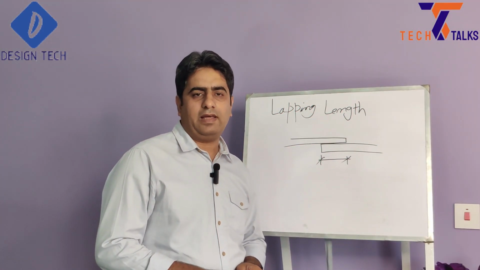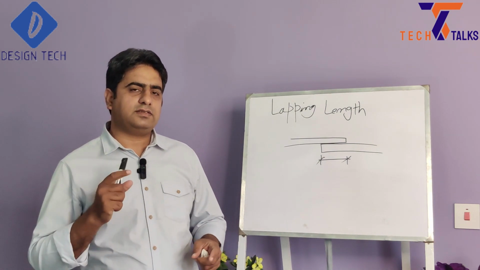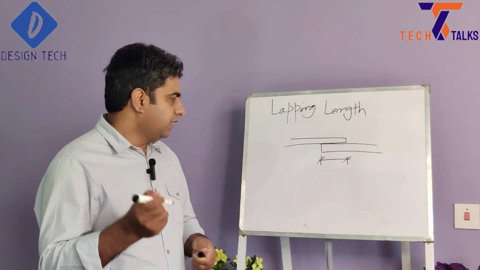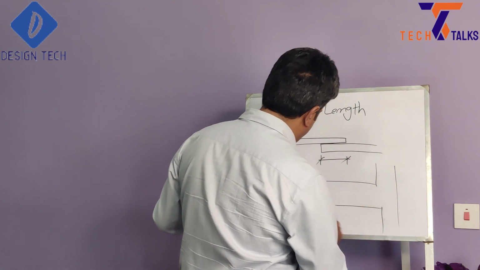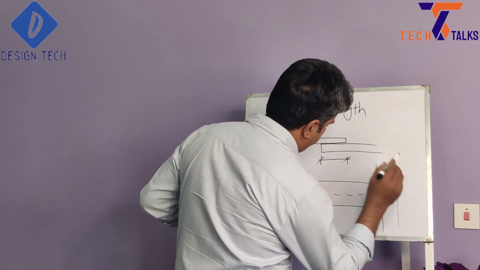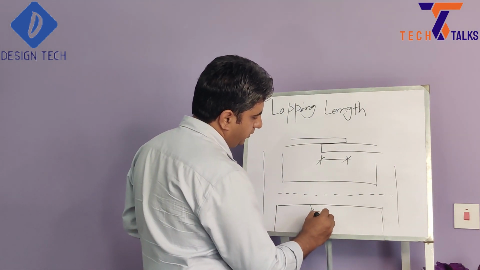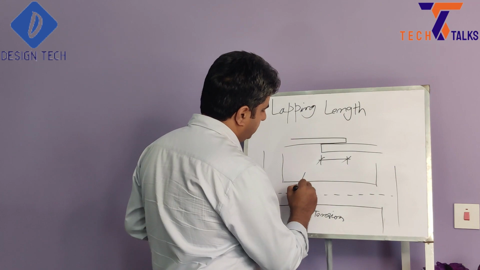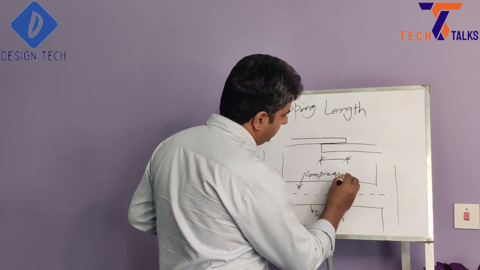To calculate the lap length, first we need to see where we are providing this lap length. Either this lap length we are providing in tension zone or compression zone of beam. Like this is our beam and this is our column. This is the neutral axis of beam. So this bottom portion is always in tension and upper portion is in compression.